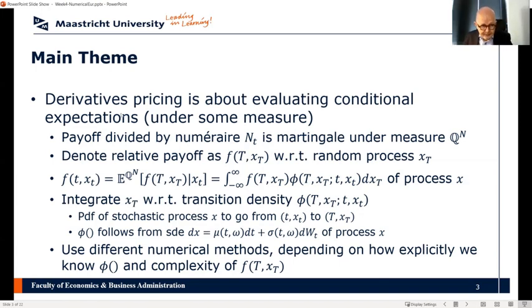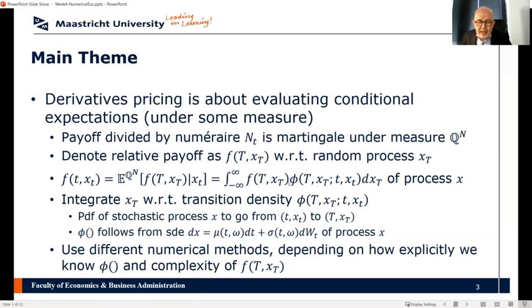So if I am computing a martingale expectation of a certain payoff, f at time capital T, as a function of a driving random variable or a collection of random variables, x, which I observe at time capital T, then the value today at time small t is just this expected value conditional on the information at time small t. And in general, I can express such an expectation as the integral from -infinity to infinity, for all possible values of x, of the payoff times the probability density function.